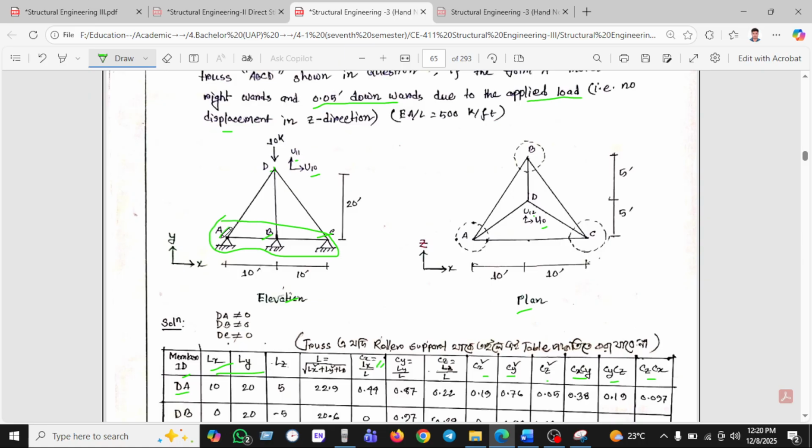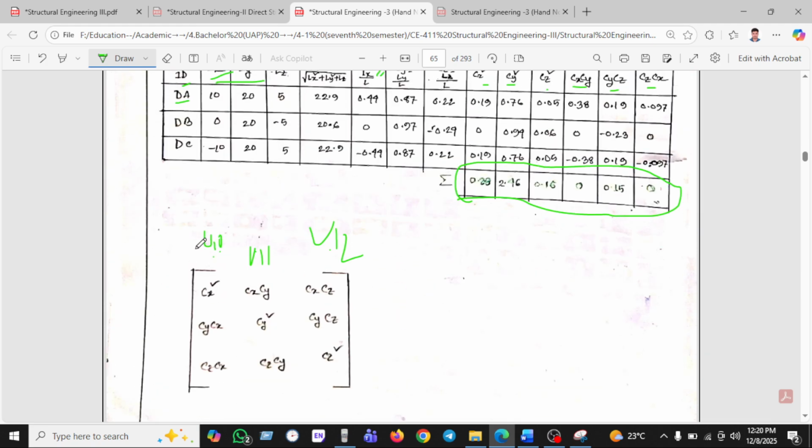On the other hand, the joints A, B, C are pin supported, that's why they will be restrained, so we cannot take the A, B, C points. And the point D is not restrained, that's why we take point D, which is U10, U11 and U12.